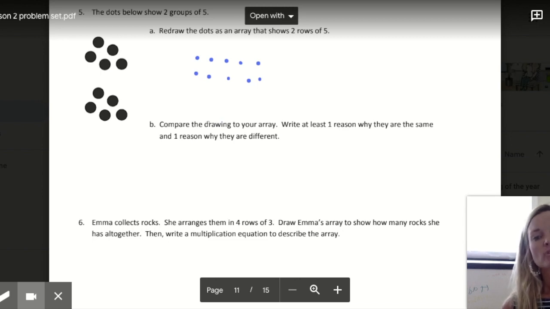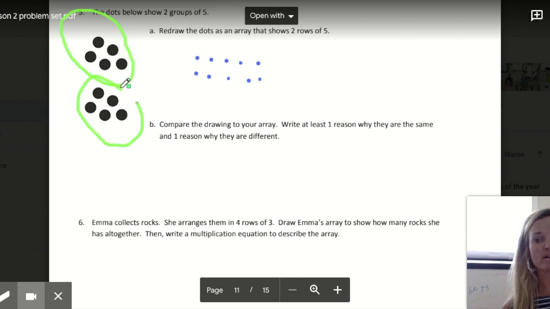So it says compare the drawing to your array. Write at least one reason why they are the same and one reason why they are different. Well, one reason why they are the same is because they both show 2 rows or 2 groups of 5. When I look at this one, here is a group of 5 and here is a group of 5.